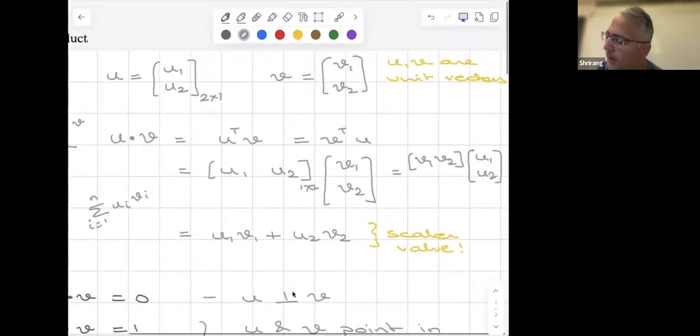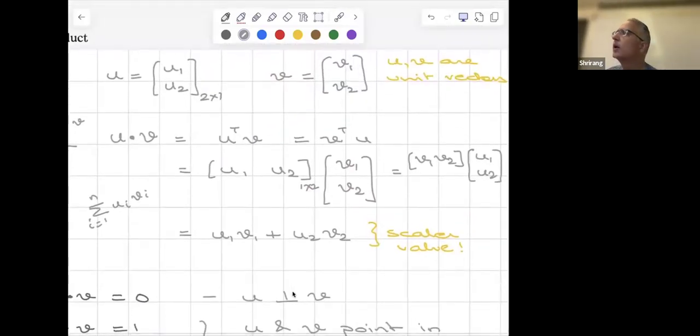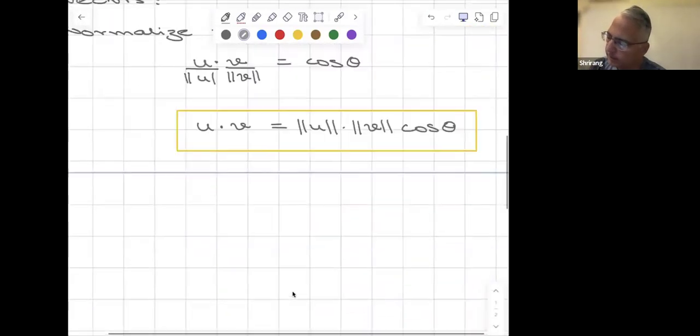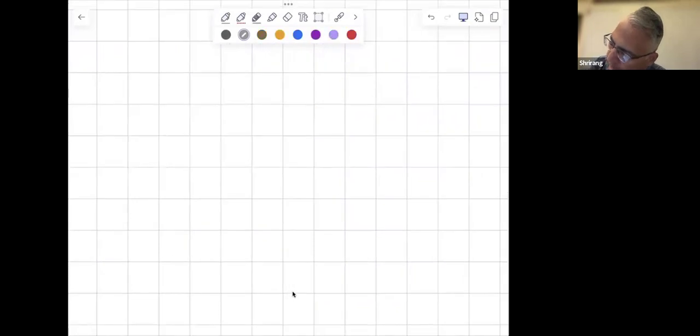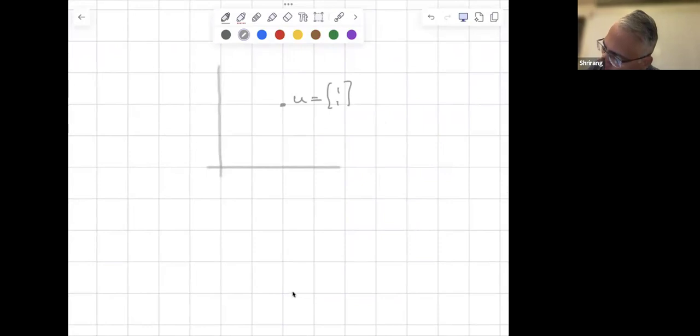Now, what did I mean by unit vectors? A unit vector is basically a vector with length 1. That's it. For example, if I have my vector u at 1, 1, this is the vector I'm talking about.